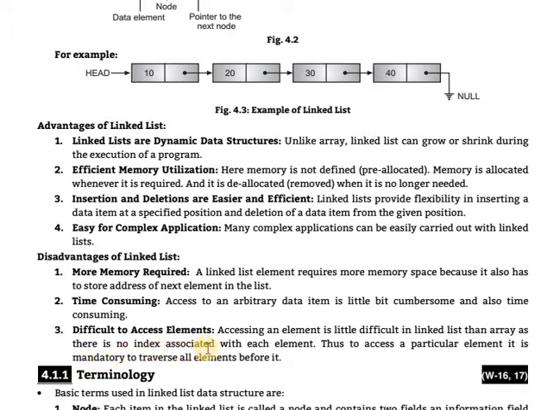There is no index associated with each element. Thus, to access a particular element, it is mandatory to traverse all the elements before it. So it is said to be difficult to access elements.